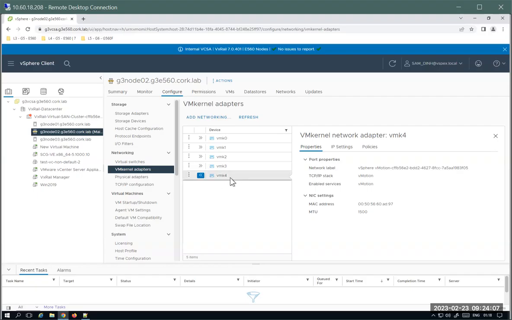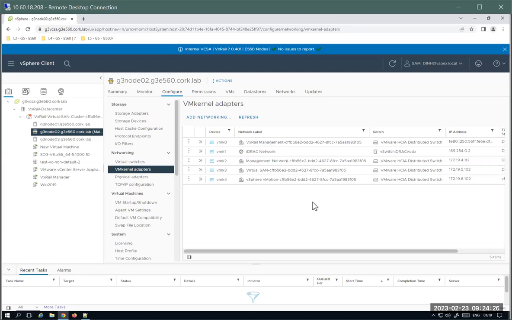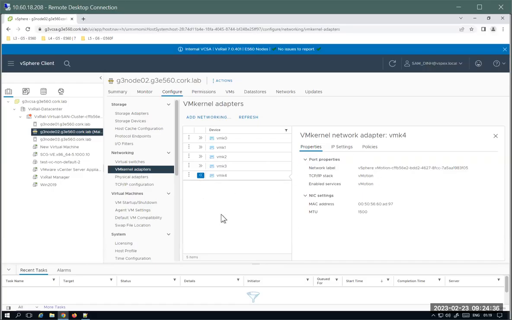So VMK4 and VMK3 have no way to talk together, not because they are on different VLANs, but because they are on different TCP/IP stacks. This is for security purposes. They surely have different subnets or VLANs, yes, but not only that, from within the host security perspective, we have a different TCP/IP stack.